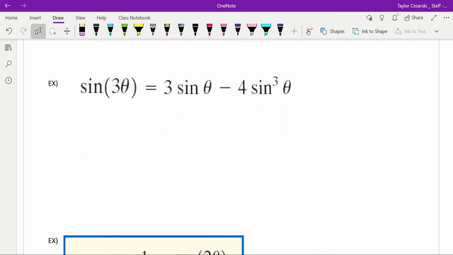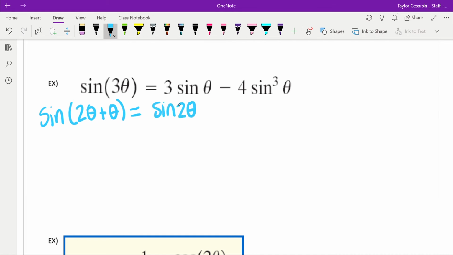Now this time I have sine of 3 theta. This one's going to be a little bit more complicated, but we can do it. Sine of 3 theta, I can break up into sine of 2 theta plus theta. We're going to have to break this down a couple different times. Since we're adding, we can go back to what we did previously, the sum of sine. So it's going to look like sine of 2 theta cosine of theta plus cosine of 2 theta sine of theta.